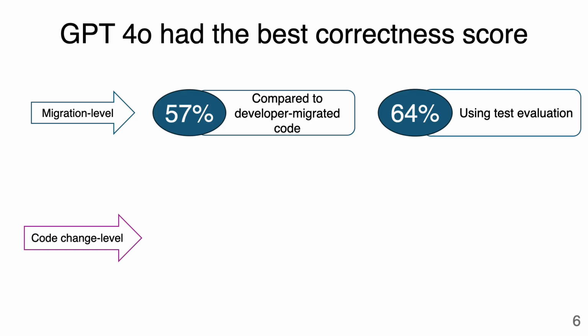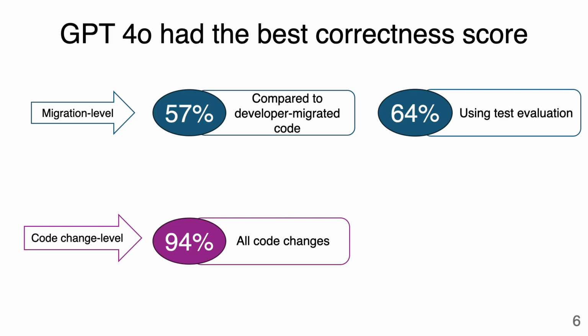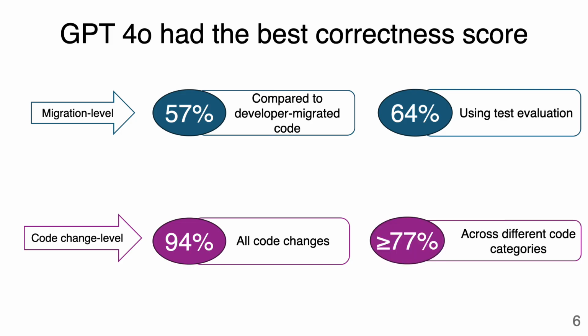Now, on a code change level, because a migration could be not fully correct, so it's not a full migration, but there are still some meaningful and helpful code changes that the LLM did migrate. So we compare at the granularity of the code change, and we find that GPT-4o was able to migrate 94% across all code changes.